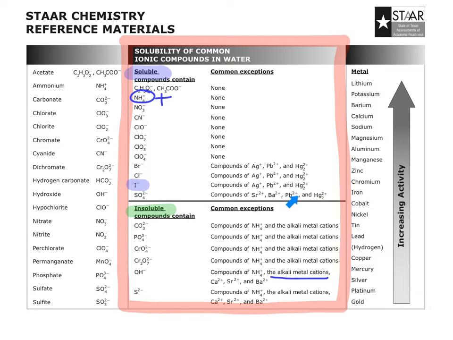Well, sulfate is bonded with barium. Barium is an exception. I'm going to find nitrate. Nitrate is soluble. Does it have exceptions? Never. So let's go back.